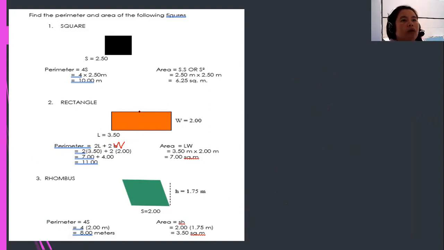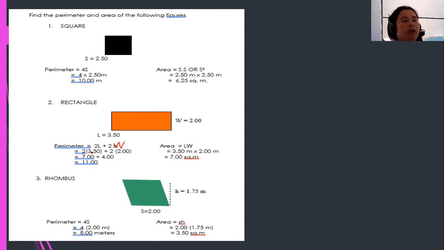So 2L plus 2W, where L is equal to 3.50.